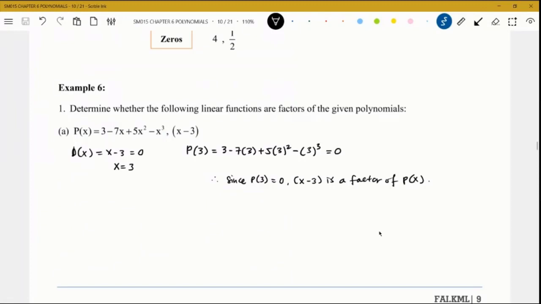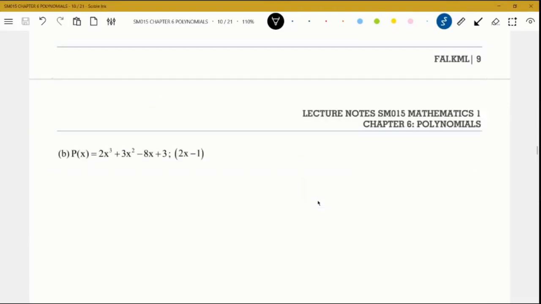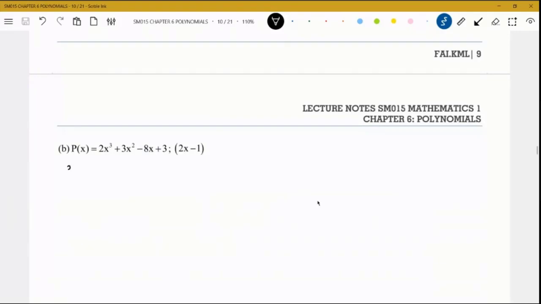So let's go through the next one, part B. Same thing, we have to find the value of x depending on the divisor itself, and then substitute into P(x) and see whether the value is 0 or not. So for part B, 2x minus 1 equal to 0, so directly we have x equal to half.